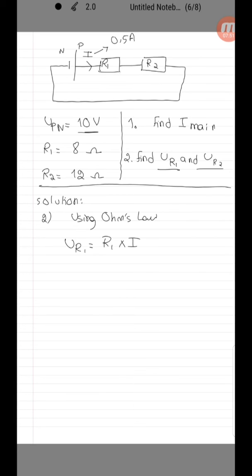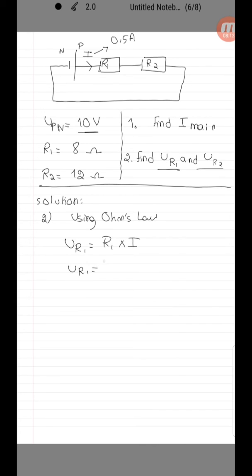Now R1 and R2 are in series. Since they are in series, they have the same current, which is the current of the battery. So the current that passes through R1 is equal to the current that passes through R2, which is 0.5 amperes. So I of R1 is 0.5 amperes, the same as I main.